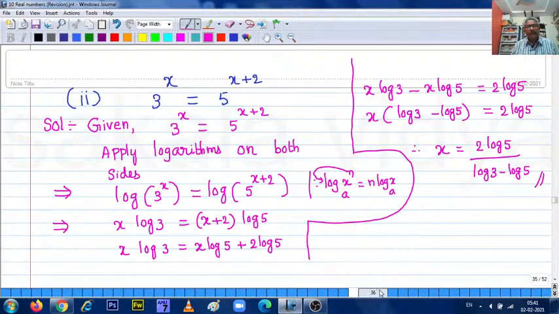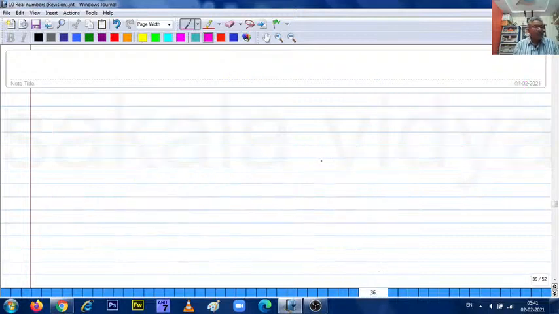This was the 15th question. Now the 16th question is very important. It is an expected question in the examination.